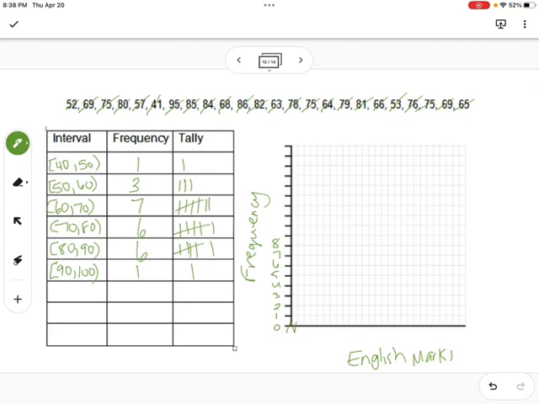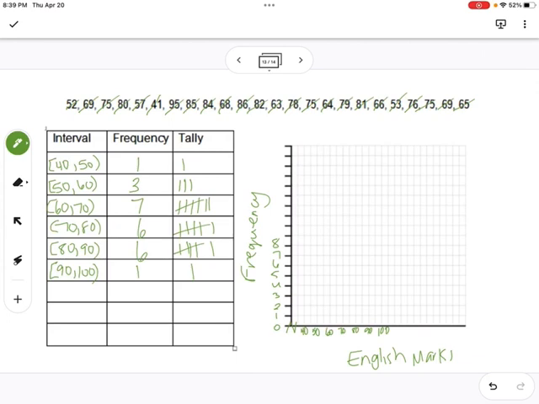Okay, so when we do this, we will go 40, 50, 60. Make sure you're moving the same amount every time. Keep it consistent. 80, 90, 100. I'm going every other line there.